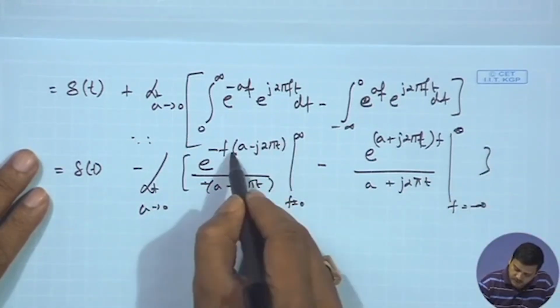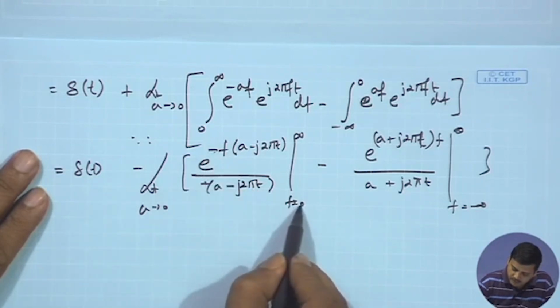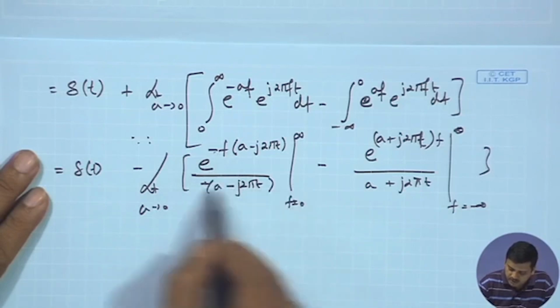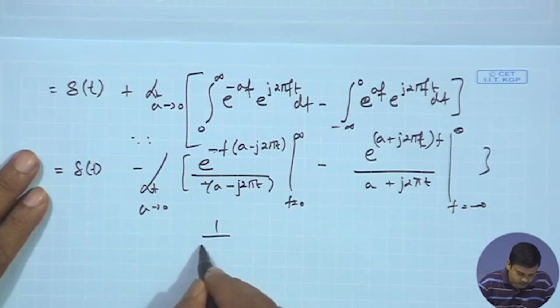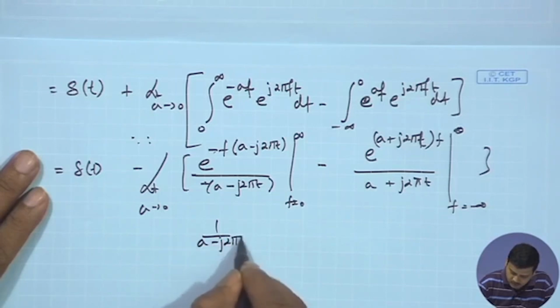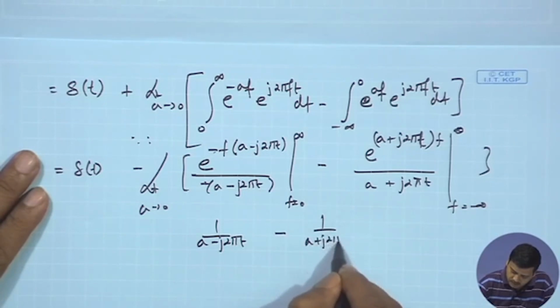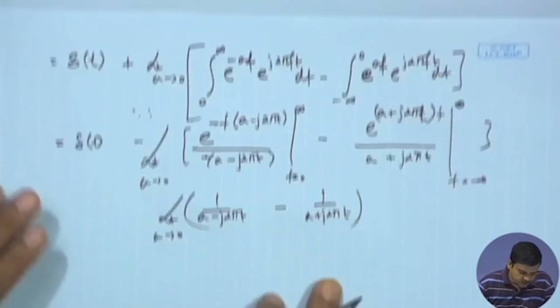If you put infinity here, it turns out to be e to the power of minus infinity, which is 0, and if you put 0, this is e to the power of 0, which is 1. On the negative, this sign and this sign cancel out. So you are going to get 1 upon a minus j 2 pi t, and here you are going to get 1 upon a plus j 2 pi t, and of course, limit a tends to 0.